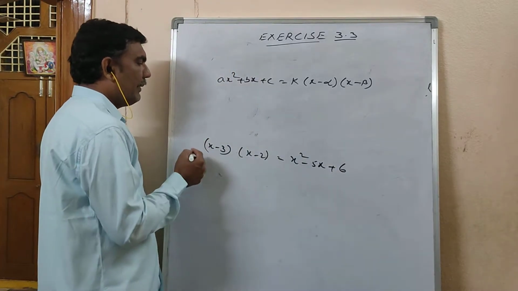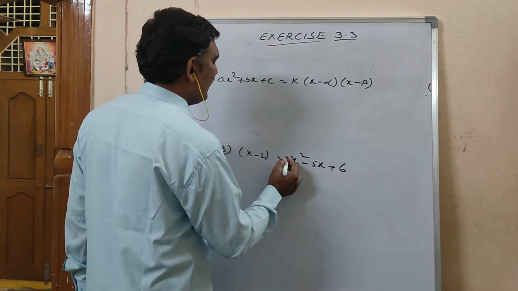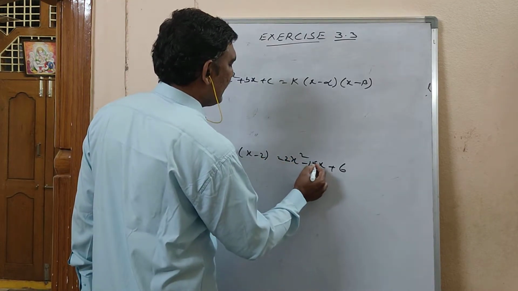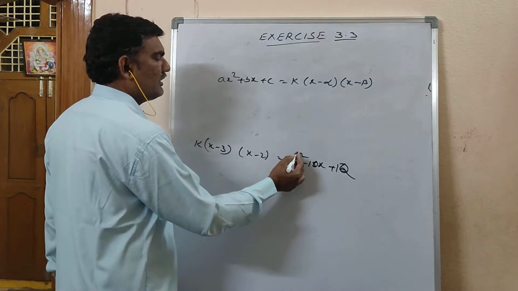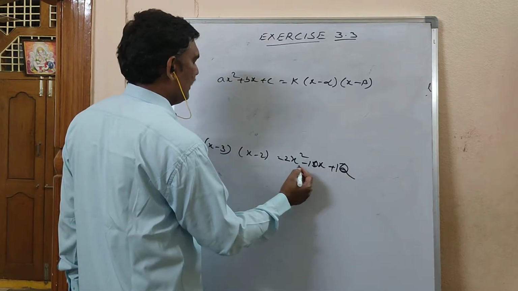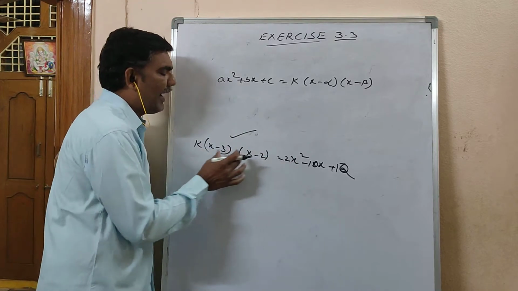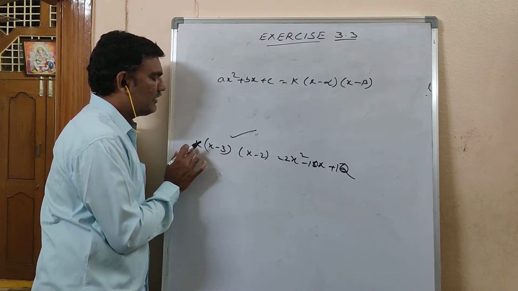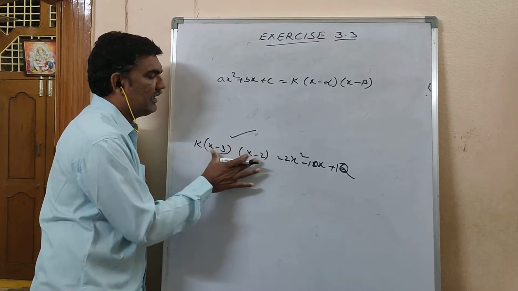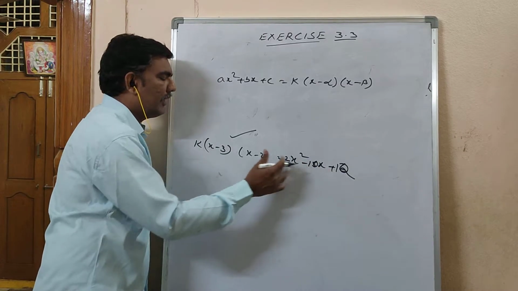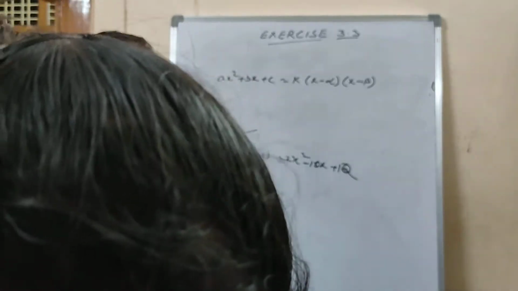Maybe if I write k here, so here 2x square minus 10x plus 12, if it is a quadratic polynomial, its factors you can write like this. In place of k you will get 2, x minus 3 into x minus 2. If you multiply this entire thing, you will get this one. If you want, you can multiply these two and check it. In place of k, you have to write 2, that's it.